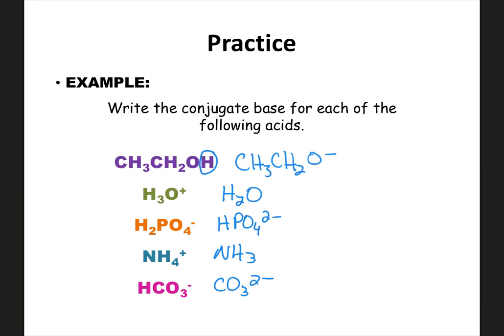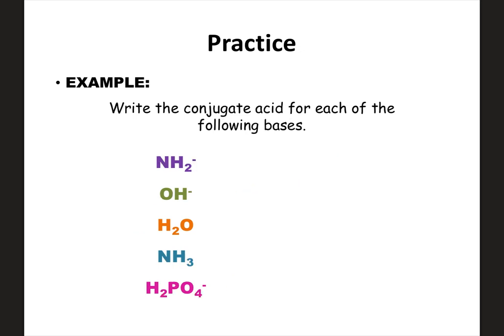So now it's just HPO4, but now you pulled off another plus, so it's going to be 2 minus instead of 1 minus. NH4 plus becomes just NH3. And then HCO3 minus, you lose another hydrogen, so it's CO3 2 minus because you lost the plus here. So just remember, anytime you want to make the conjugate base from an acid, pull off an H plus and watch the charge.